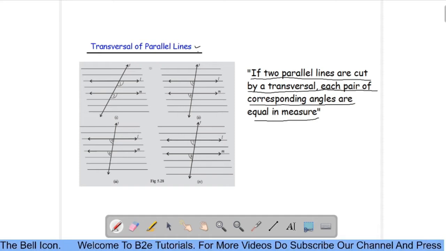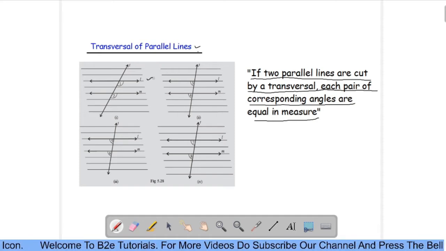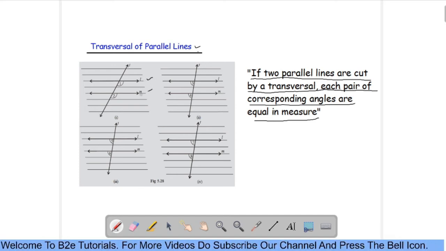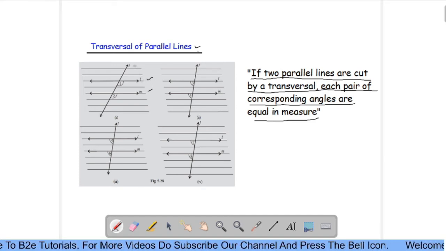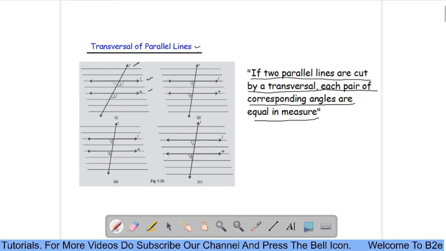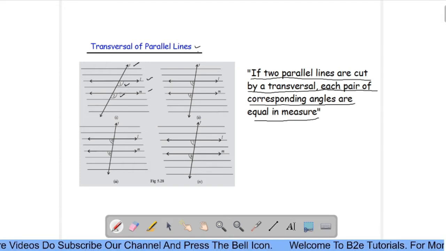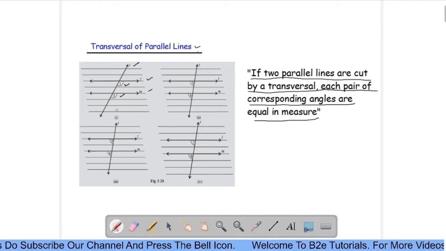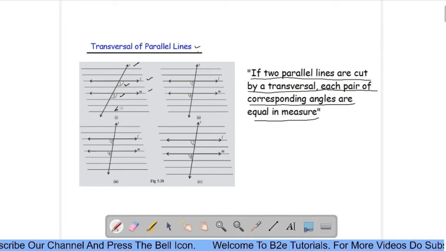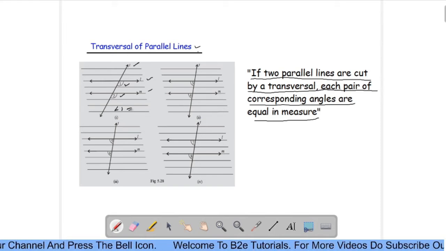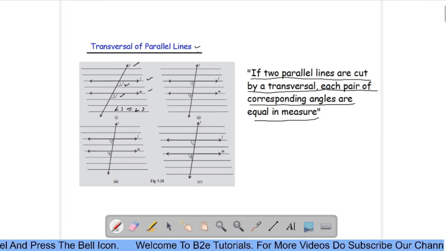See here in this first figure, lines L and M. These are two parallel lines intersected by a transversal T. Here angle 1 and angle 2. These are called corresponding angles, and in case of parallel lines, angle 1 is equal to angle 2.